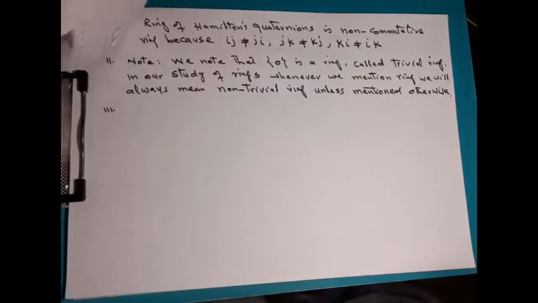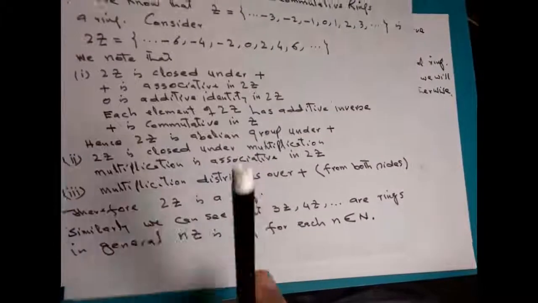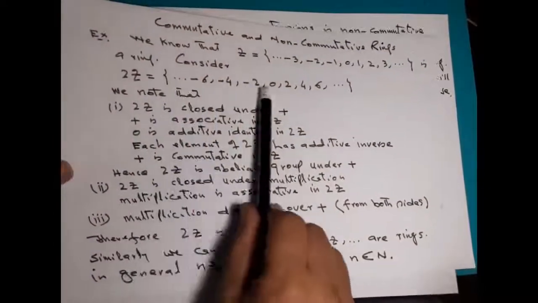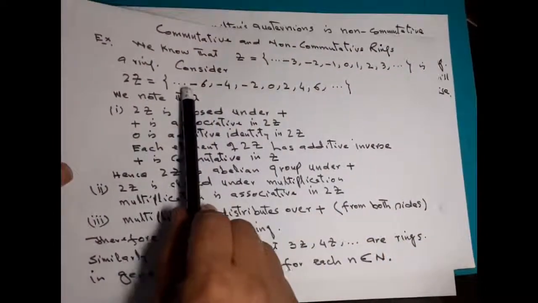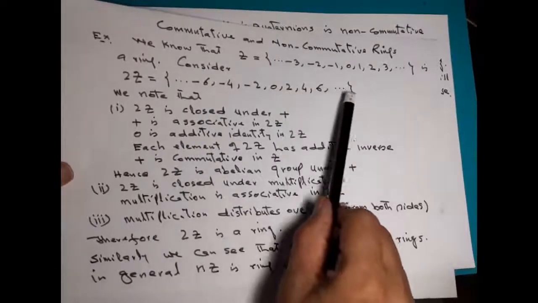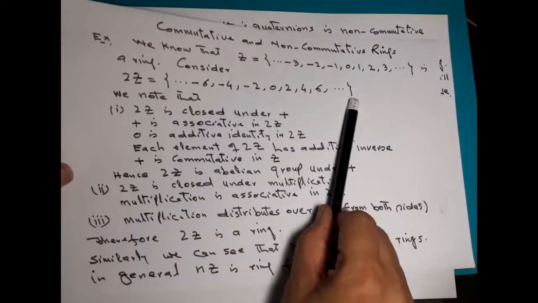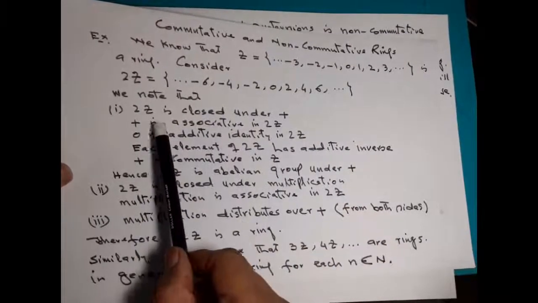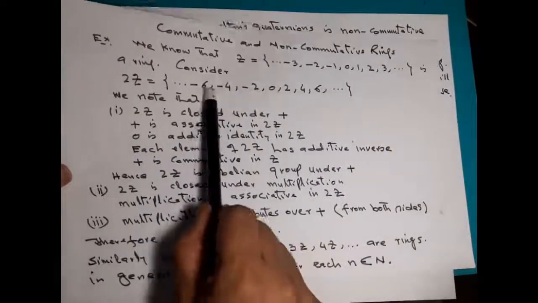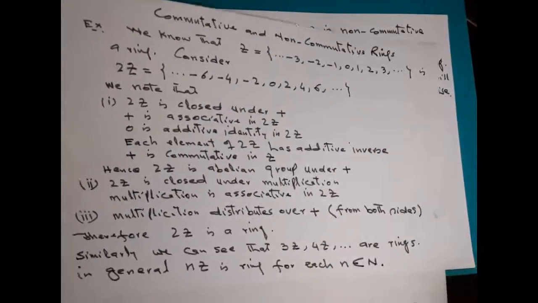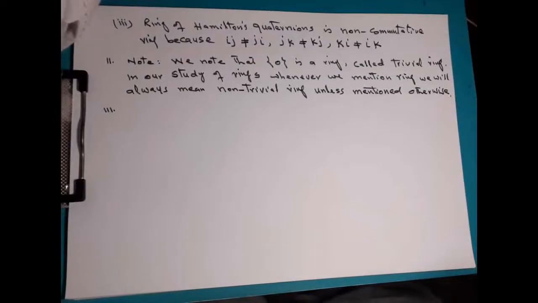For example, this ring 2Z does not contain the multiplicative identity 1. Similarly, 3Z will not contain the multiplicative identity 1, and so on.